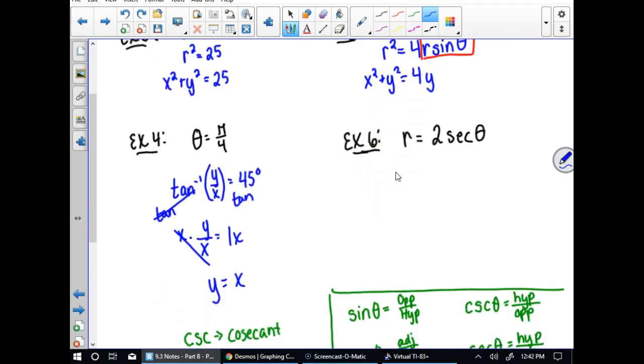And for our reciprocal identities, I know secant is 1 over cosine. All right, so r equals 2. Instead of secant, I'm going to make this 1 over cosine of theta, which I could write, if I just multiply those together, as 2 over cosine theta.